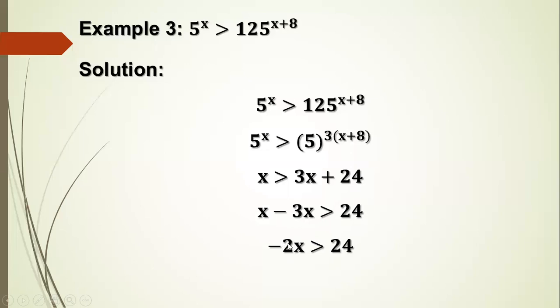If this is negative, we use the opposite inequality symbol. So using the multiplication property of equality, we have x is less than negative 12. Meaning to say, all values lower than negative 12 will satisfy this inequality.